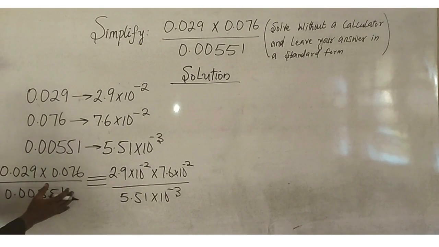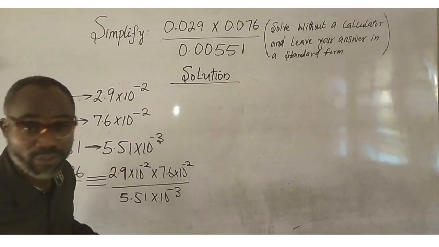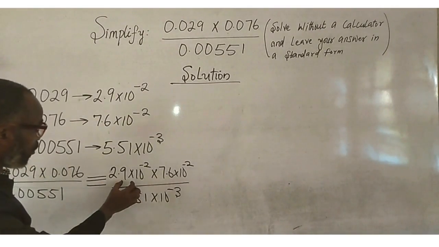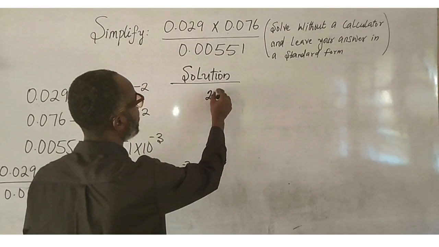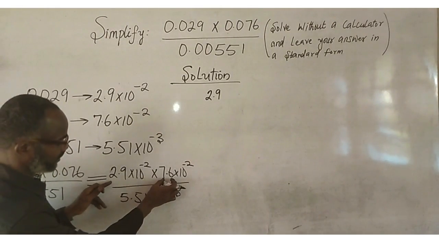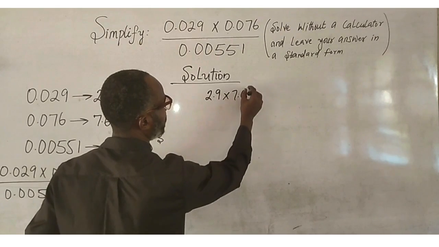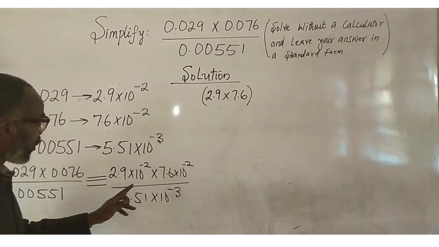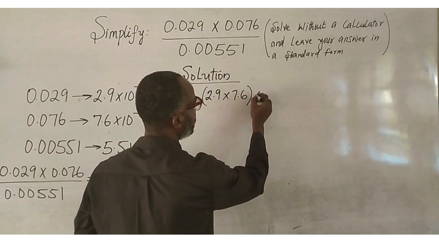That's what it means. So if we have done this, that means we are halfway solving the problem. So we take it one by one. We start from here. 2.9, where this is going to multiply this, times 7.6. We put this into brackets, and we consider the powers, 10 minus 2 and 10 minus 2, so we take 10 once since they are the same.